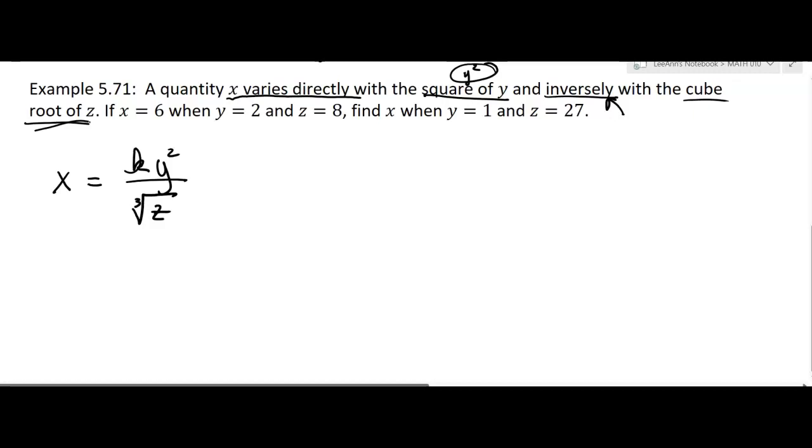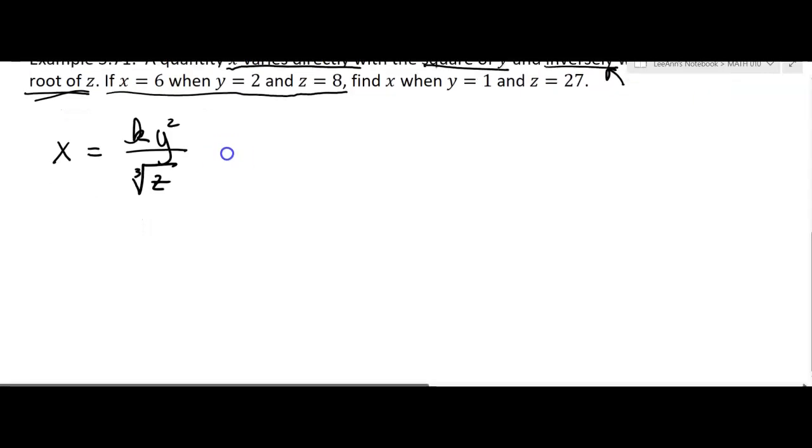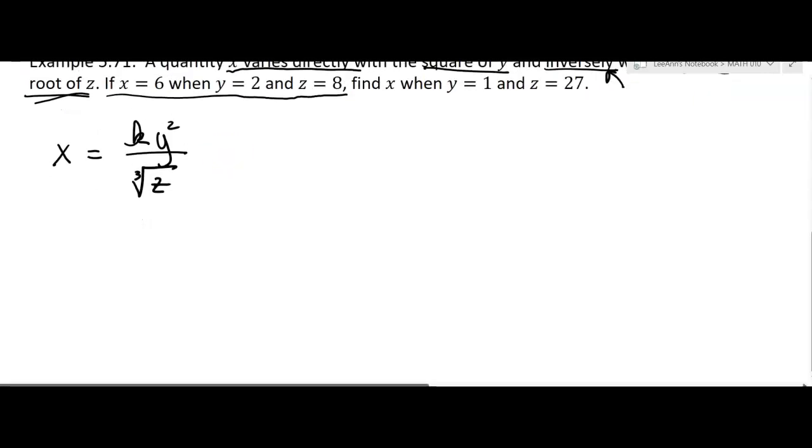Okay. All right. And then it says, if x equals 6 when y equals 2 and z equals 8, they have to give us all the variables so we can find k. The steps are still the same. We set up the model. That was step 1. Now we know x is 6. We don't know what k is. We're going to figure that out. Y was 2.